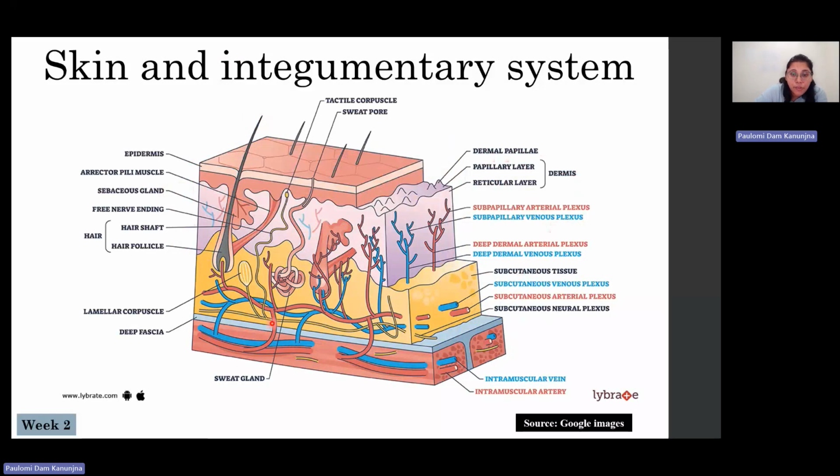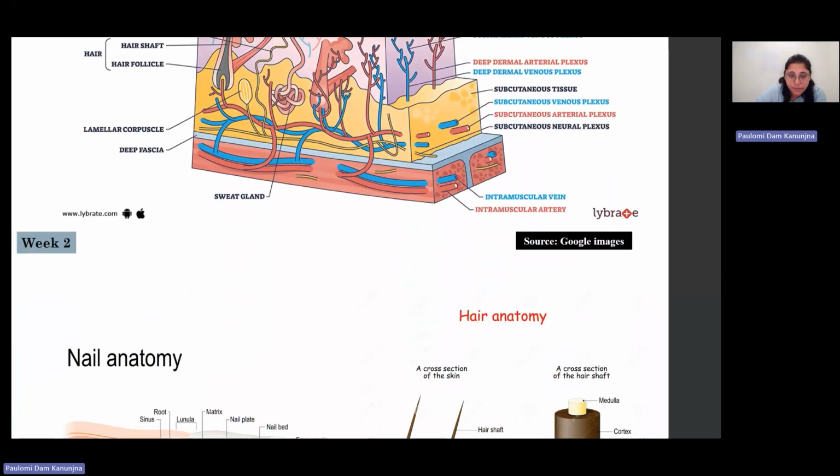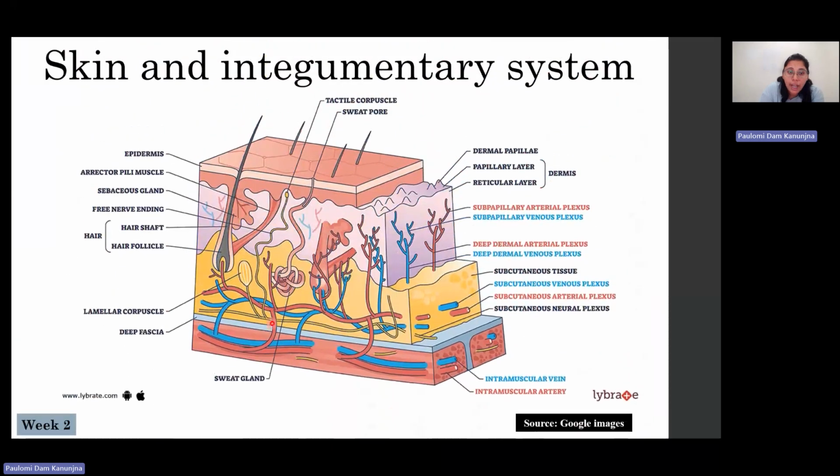Okay. But if you remember, in the epidermis also, I don't know if you have seen that first session or not. Sorry, week 2, the second week session. Epidermis itself has several layers. It has stratum basale, spinosum, granulosum, lucidum, corneum in order. Right. So if you remember, we discussed that these cells will be basically arranged in layers.